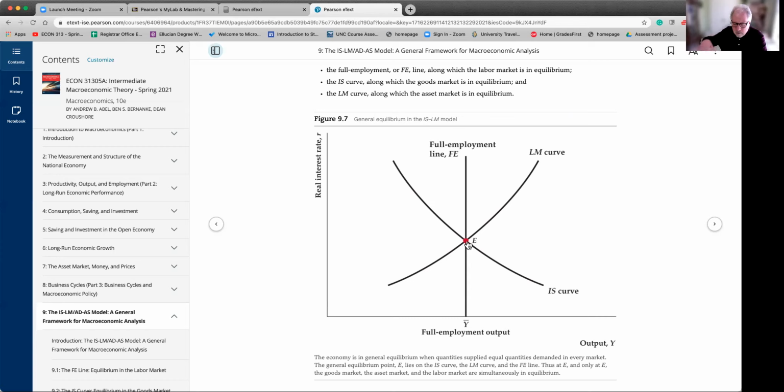Now, the next thing related to this is, if all three curves don't cross at one point, let's say that IS curve had shifted out to the right, right? In that case, IS and LM curve can be in equilibrium, but they're not crossing on the full employment line.